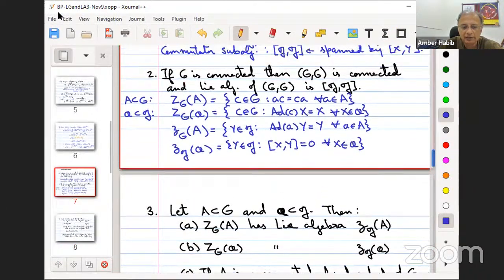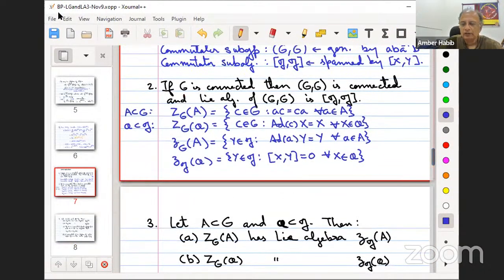And so here are results corresponding to them. Suppose you have a subset of the group and another subset of the Lie algebra.